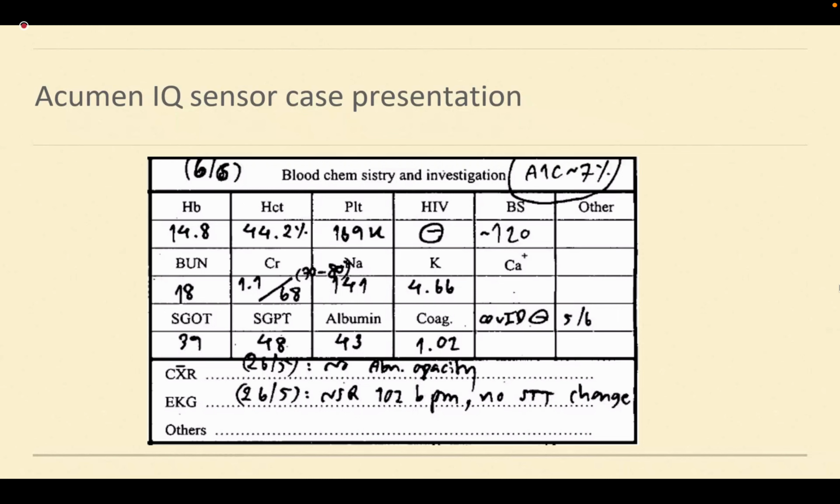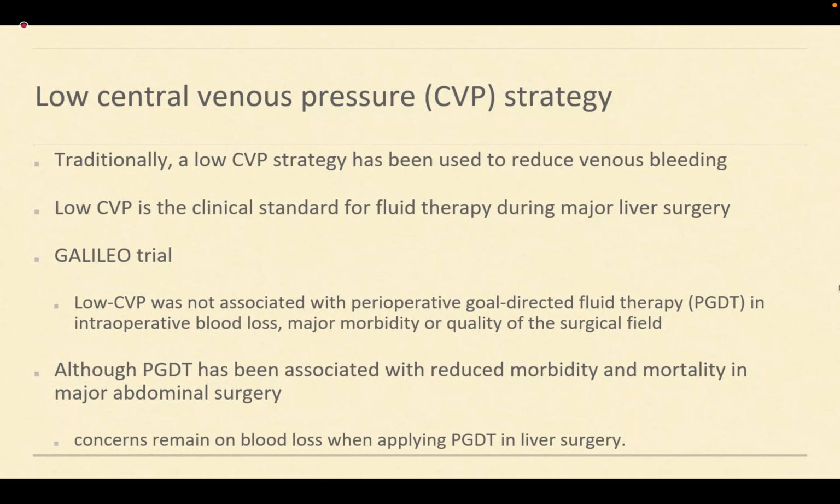As we already know, traditionally a low CVP strategy has been used to reduce venous bleeding, and low CVP is the clinical standard for fluid therapy during major liver surgery. From the Galileo trial, low CVP was not associated with perioperative goal-directed therapy in intraoperative loss, major morbidity, and quality of surgical field.